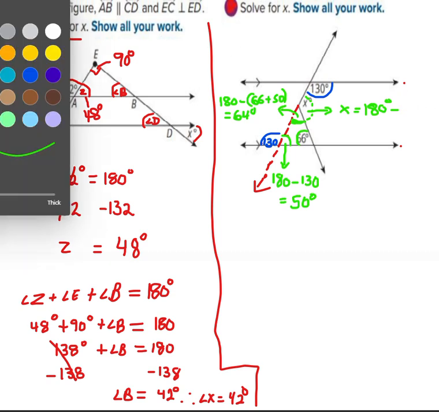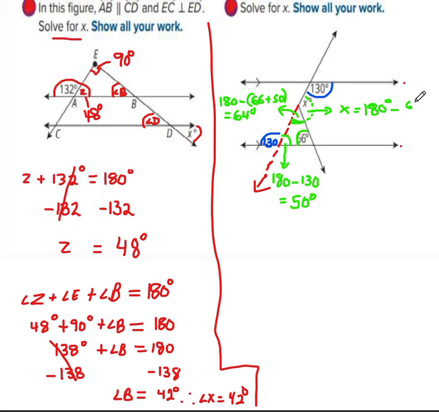So 180 take away 64 degrees gives us 116 degrees. So that's our answer. 116 degrees is angle x.